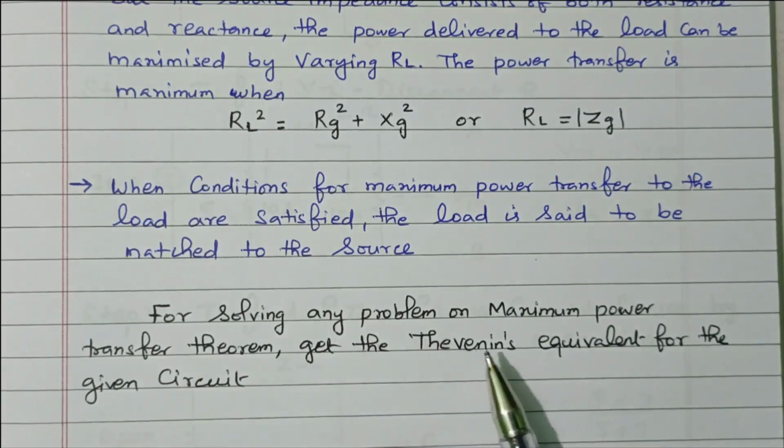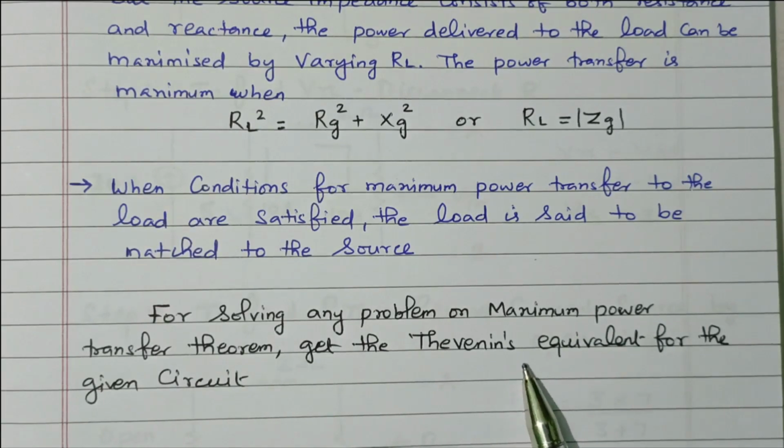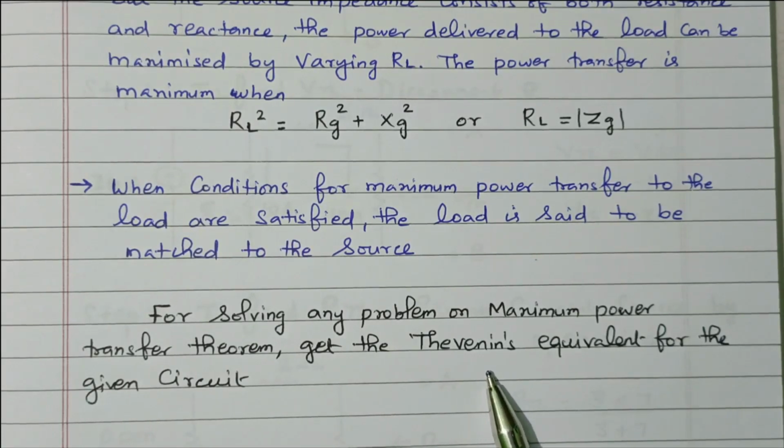The first step is to get the Thevenin equivalent circuit. What is the Thevenin equivalent circuit? A voltage source VTH connected in series with the Thevenin impedance RTH. RTH is the internal impedance of the system.